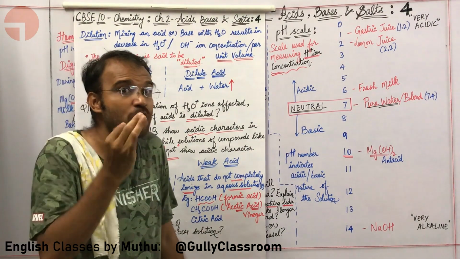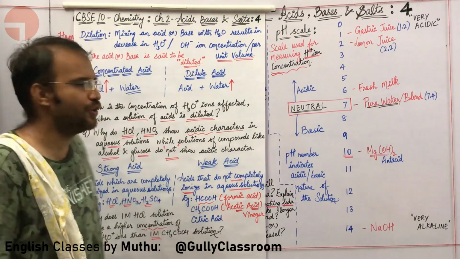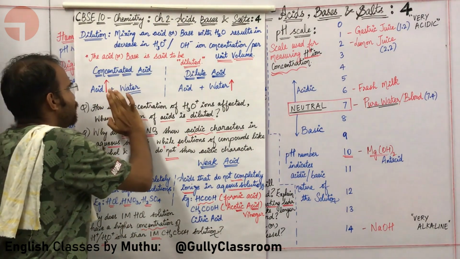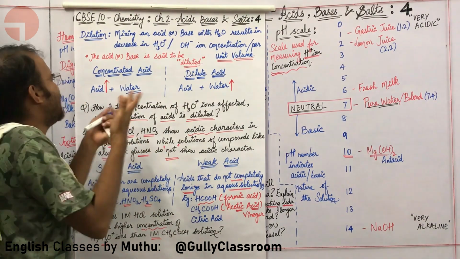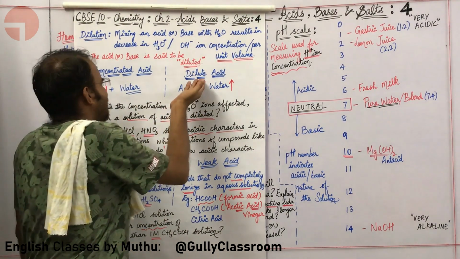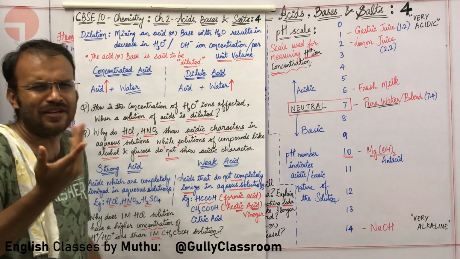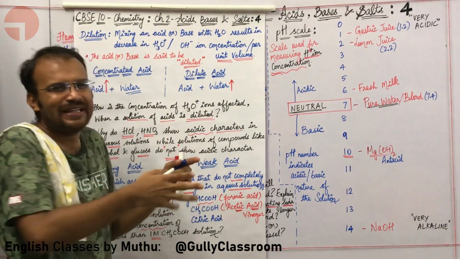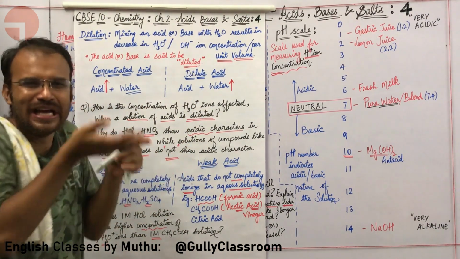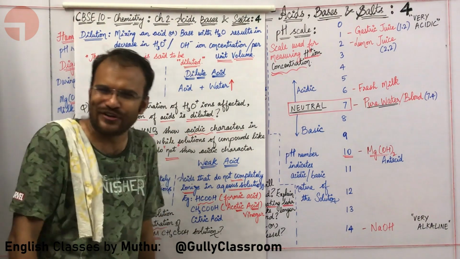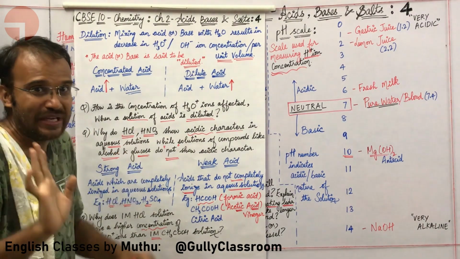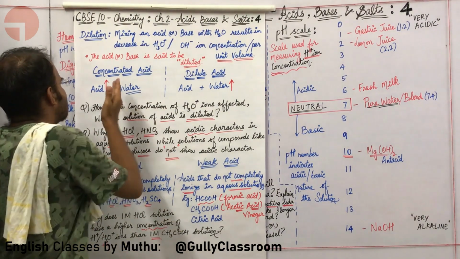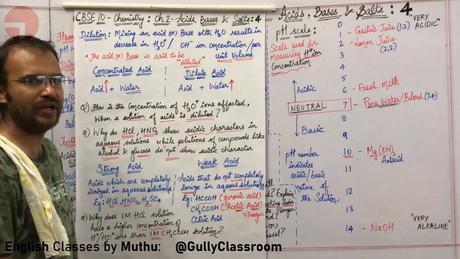Are you comfortable with the idea of concentrated acid and dilute acid? Any acid can be made as dilute acid or concentrated acid. If you have more water, that particular hydrochloric acid can be called dilute hydrochloric acid. If you have less water, that hydrochloric acid can simply be called concentrated hydrochloric acid.